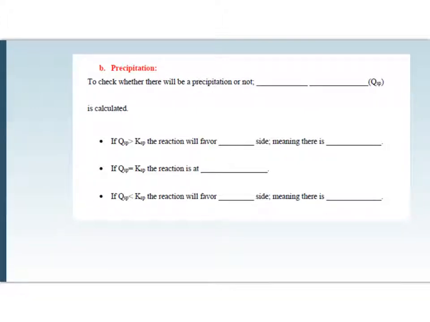If there is a dissolving process, this means that there is also a precipitation process. To check whether there will be precipitation or not, the reaction quotient is calculated. Now, do you remember the reaction quotient? You were calculating it like the equilibrium constant K, taking products over reactants, and comparing it with the K values.